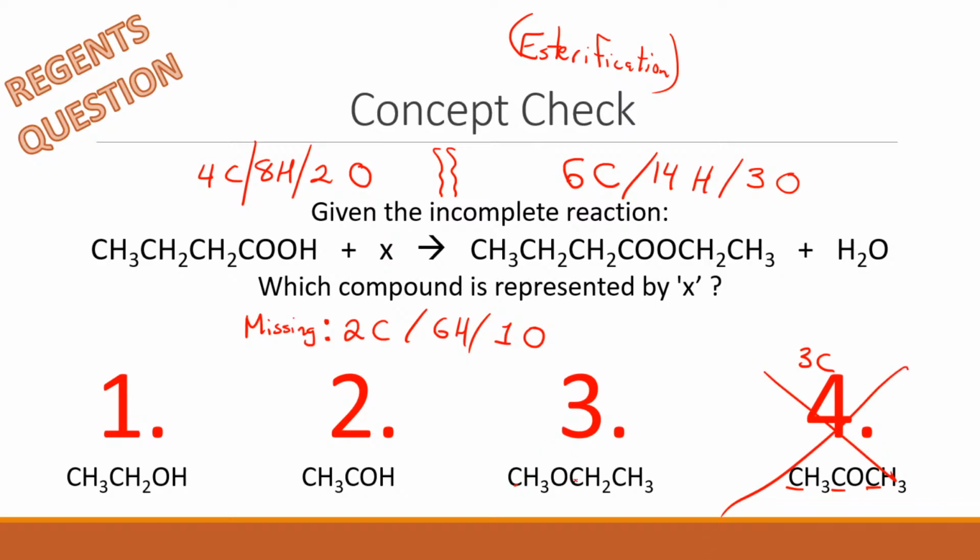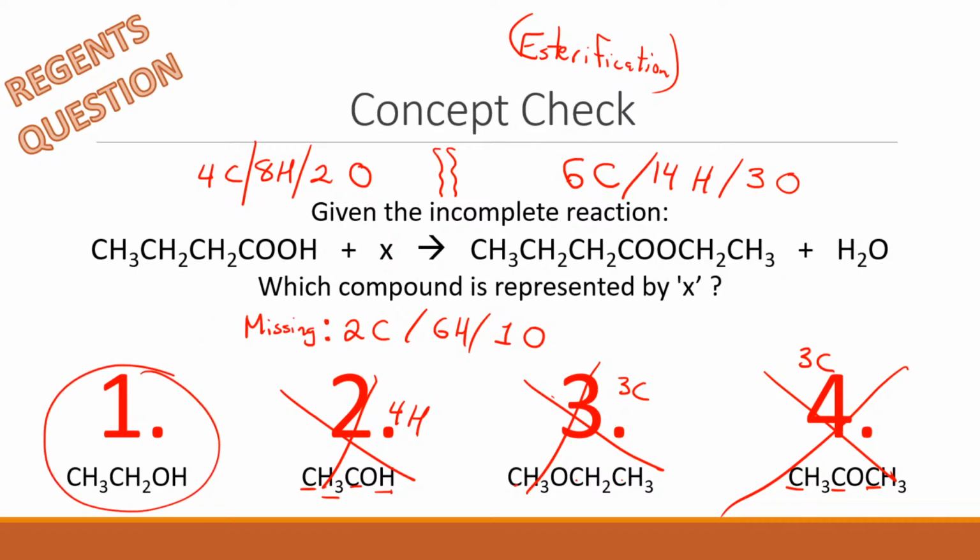Here, 3 C's, not right. Here, 2 C's, off to a good start, but 4 H's, not right. But here, 2 C's, 6 H's, and 1 O. That has all of our missing pieces, and that'll make this the correct answer.